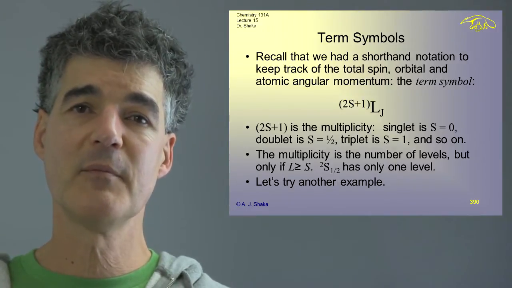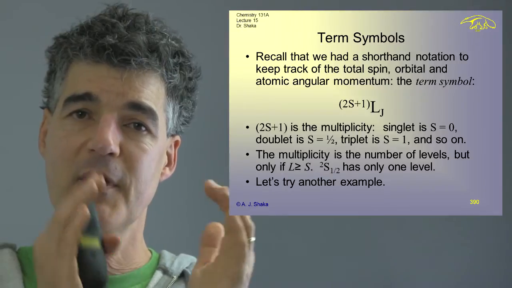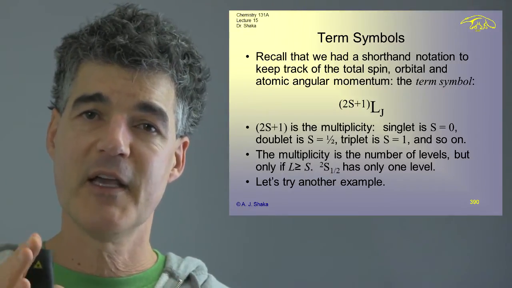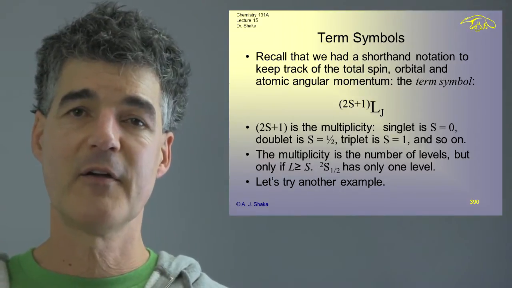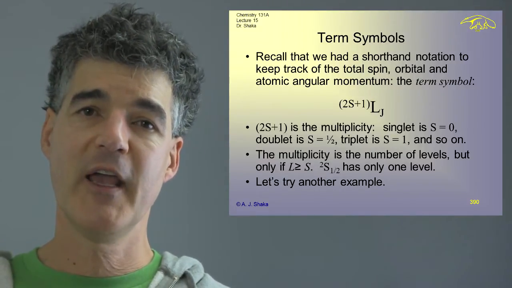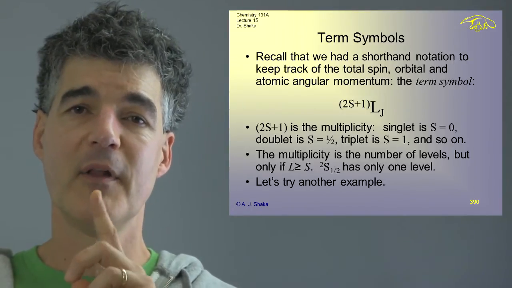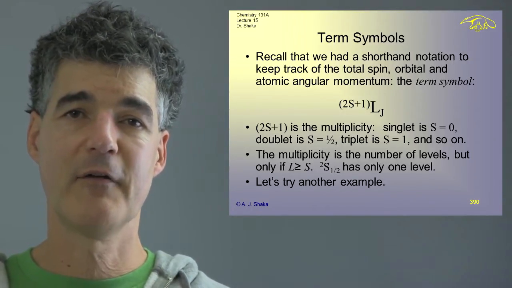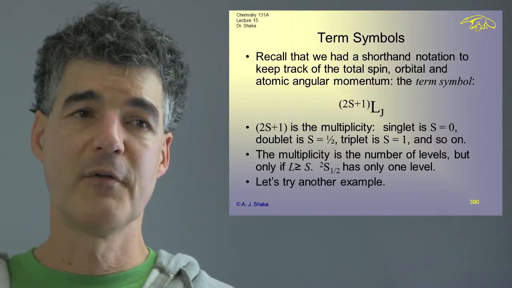Remember that the term symbol is 2S + 1 on the left-hand superscript, capital L, which was S, P, D, and so forth, for the central letter, and then a value of J, which is the way S and L couple. And they can couple in various ways. There are various allowed values according to the Clebsch-Gordan series that we derived.